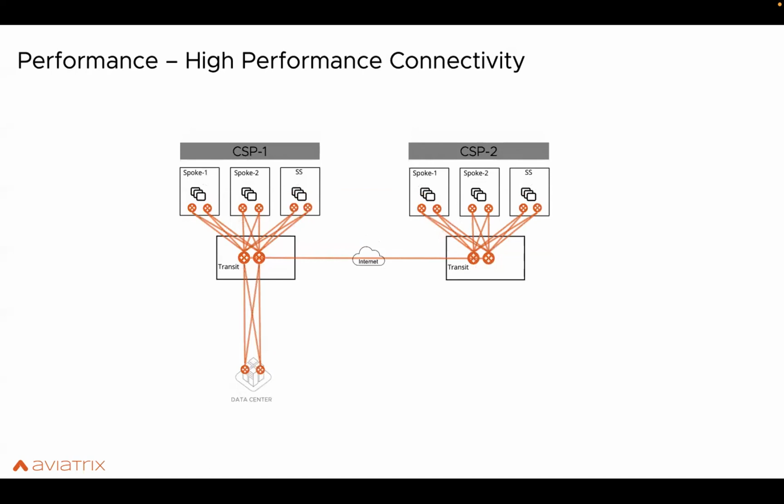Now, the second option, which again, depending on your technical and business requirements, is high performance connectivity. This high performance connectivity could be within a region, within a CSP, across the CSP, and also to the hybrid cloud. Right now, if you take a look at it, these lines that I'm showing you are not a single tunnel.